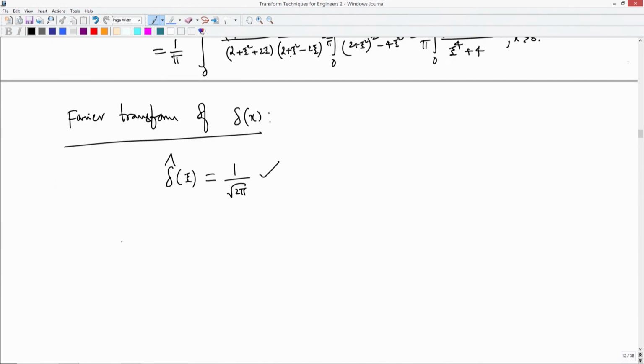To show this, we will first define what a delta function is again. We have seen that the delta function by definition is infinity at x equal to 0 and 0 at x not equal to 0.